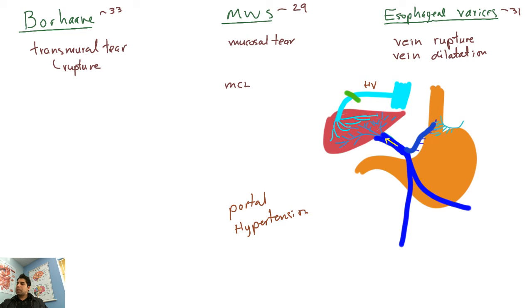So I want to discuss some risk factors that can increase portal pressure. Okay, let's start from the top. One of them is hepatic vein obstruction, and that will be caused by hepatic vein thrombosis. So this right here is hepatic vein thrombosis.